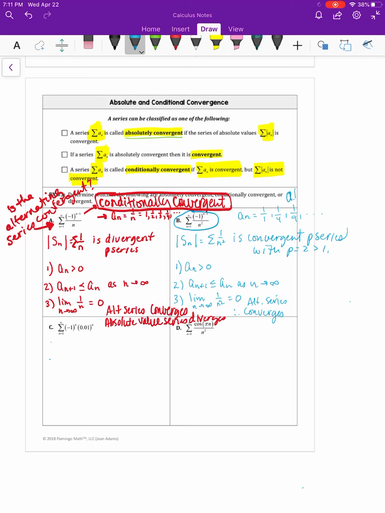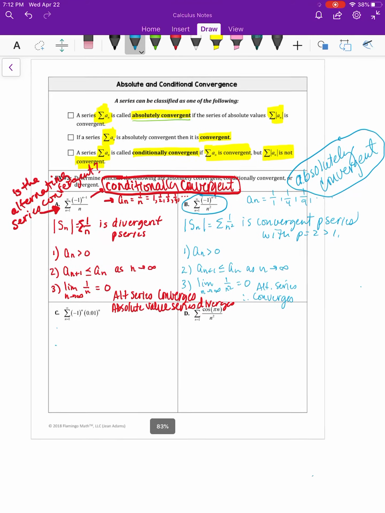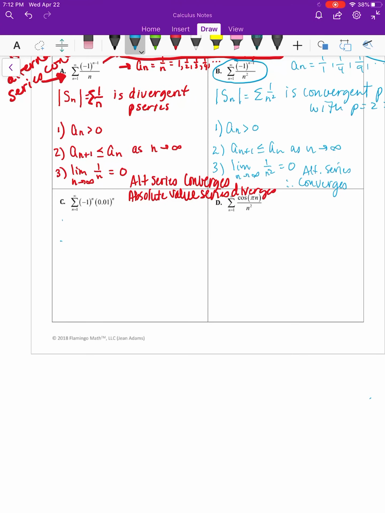Third thing, the limit as n goes to infinity of 1 over n squared is 0. So therefore, the alternating series converges. If the alternating series converges and the absolute value series converges, we have absolute convergence. So letter B is absolutely convergent.